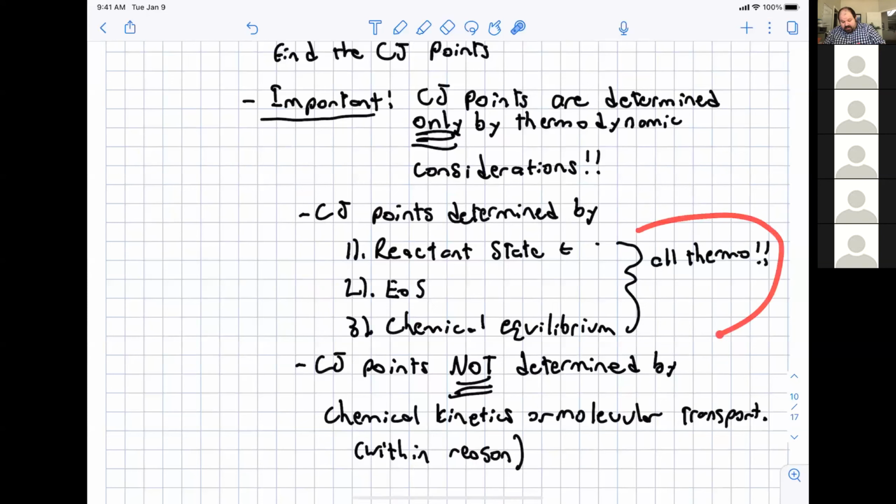And this is all in chemical thermodynamics. The CJ points are not determined by chemical kinetics or molecular transport. The CJ point or CJ detonation depends only on the thermodynamics of your system. That's it. It depends on nothing else. How fast the chemical reactions occur does not matter, and molecular transport does not matter for determining those 2 points.